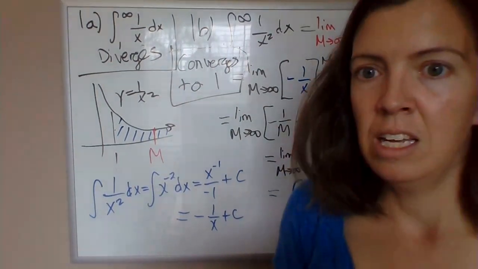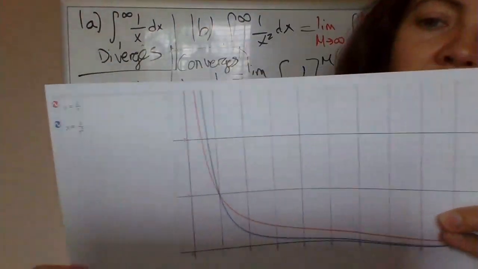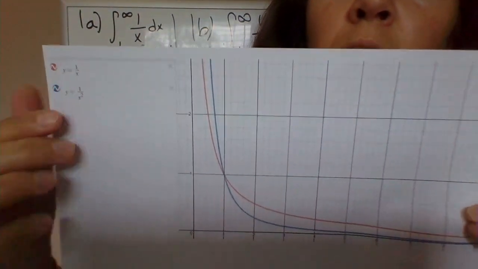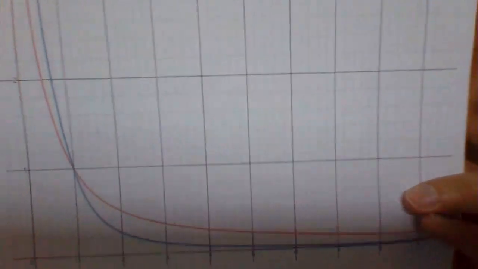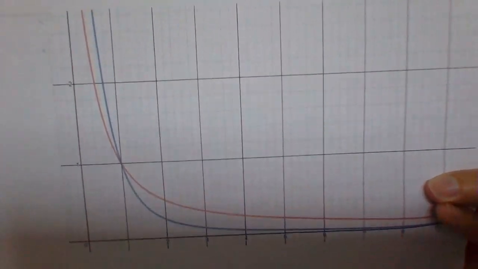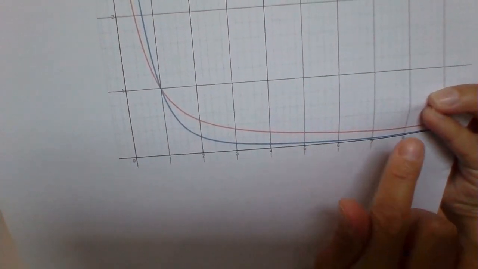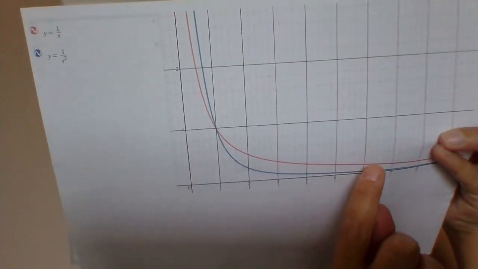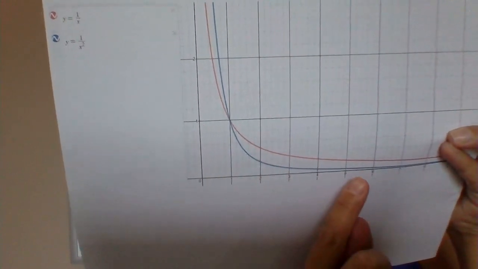Let me just end by showing the difference one more time. The red curve is 1 over x. The blue curve is 1 over x squared. They're both approaching 0, which is a promising sign if we want the area as we move out this way to approach a finite number. Turns out the red one is not approaching 0 fast enough, but the blue one is.